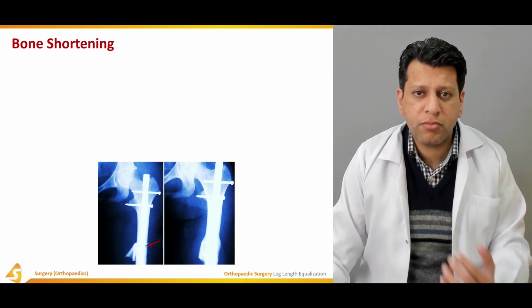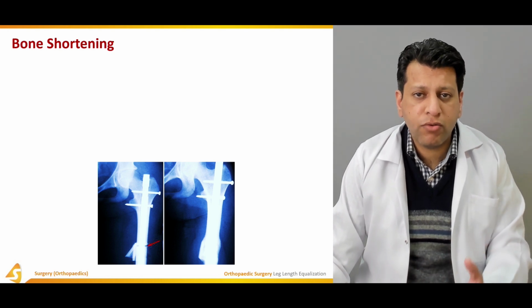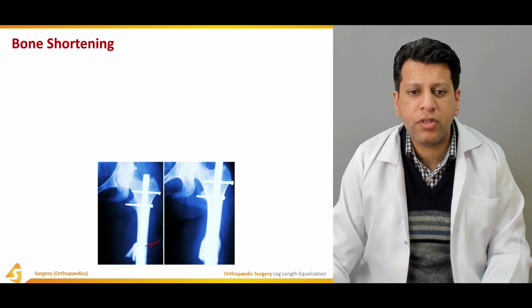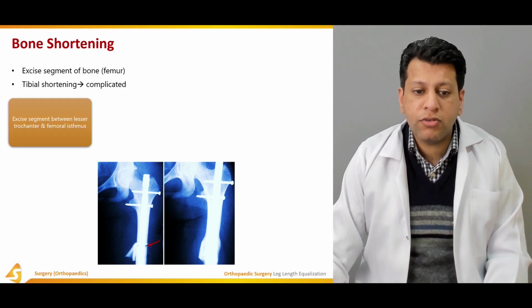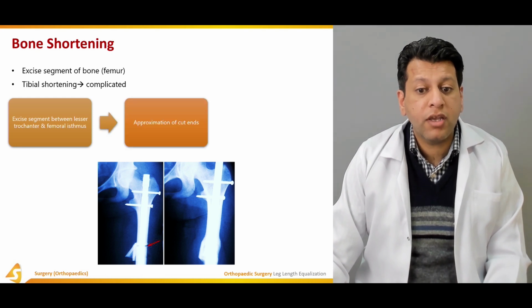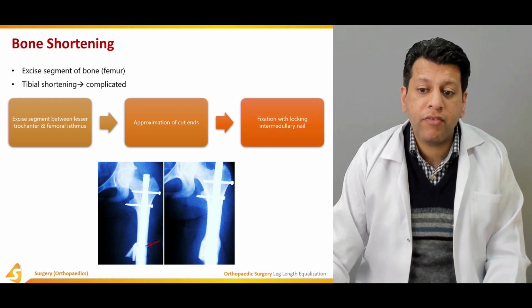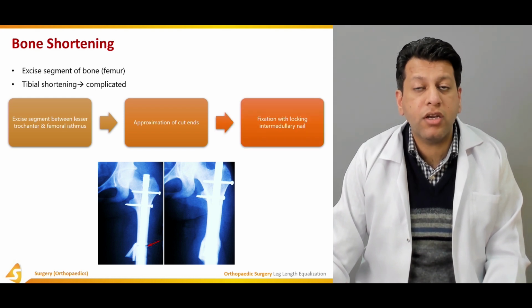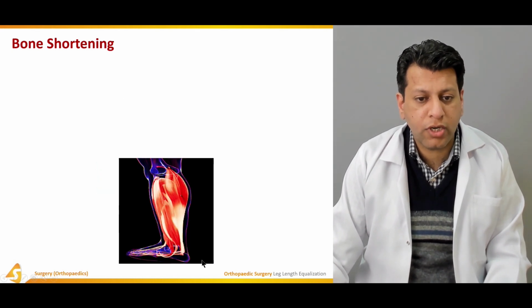Usually if you have to perform epiphysiodesis, after epiphysiodesis we may still have to go for some kind of shortening. We usually go for the femur. As I just told you, usually the excised segment is between the lesser trochanter and the femoral isthmus, and approximation of the cut ends is done, which can be used as a strut graft, with eventual fixation with a locking intramedullary nail so that the length is shortened.